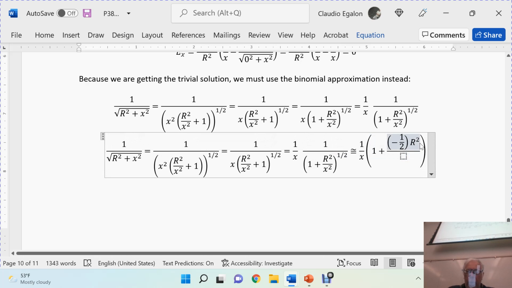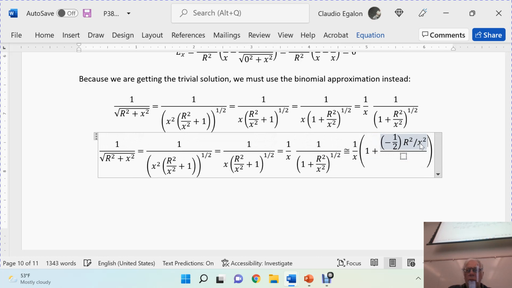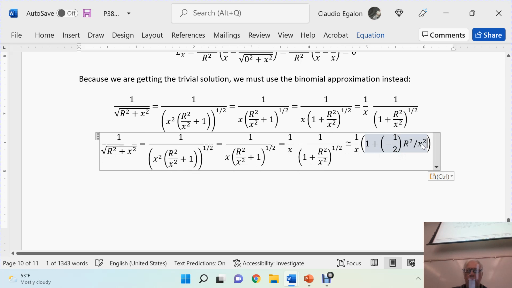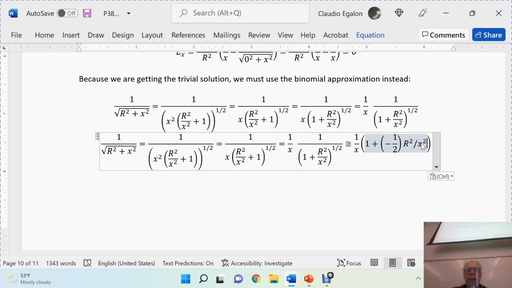I want the x squared here, divided by x squared. That's how, like that.